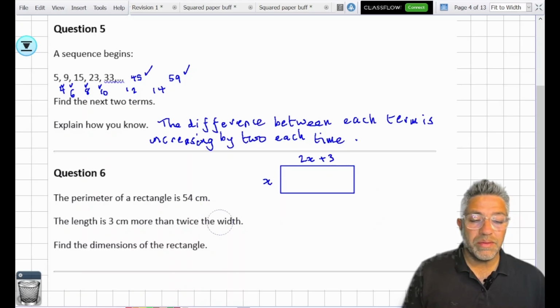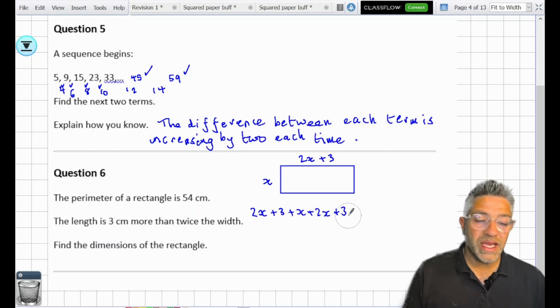To work out the perimeter, we know it's the sum of all 4 sides. So I'm going to write it out the long-winded way. 2x plus 3 plus x plus 2x plus 3 plus x equals 54.